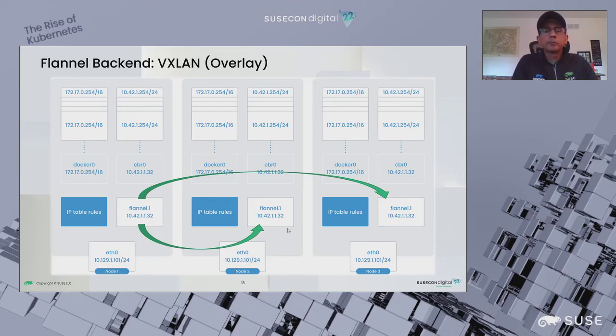Flannel creates an interface on each of the nodes. Most of these CNIs run as daemon sets, so they create the stack on each of the nodes. Once the interface is created, it tunnels the traffic between the different nodes. It maintains the routing for the nodes using IP tables.